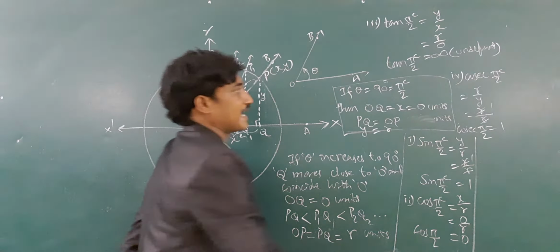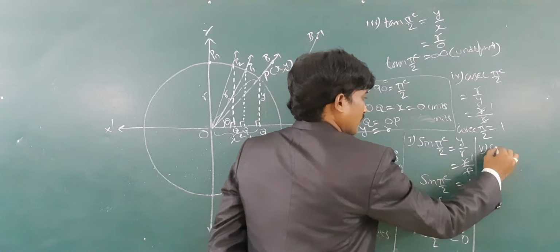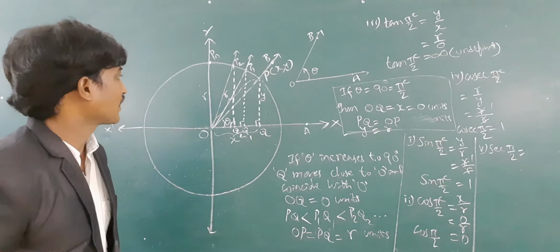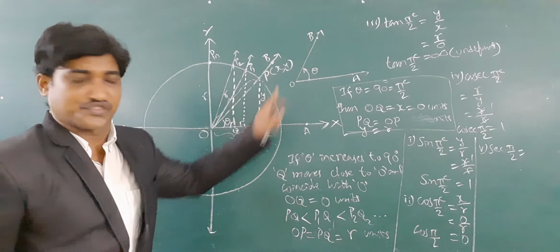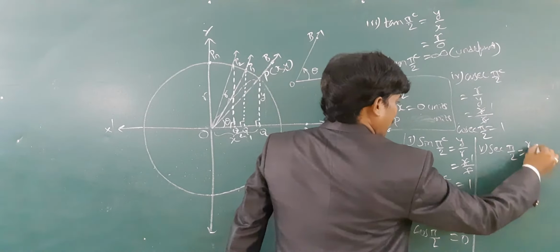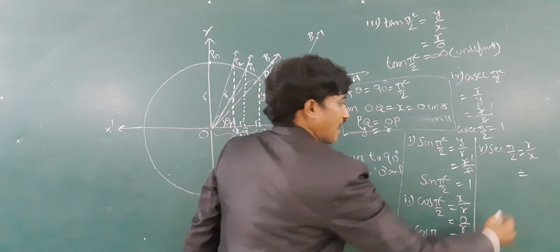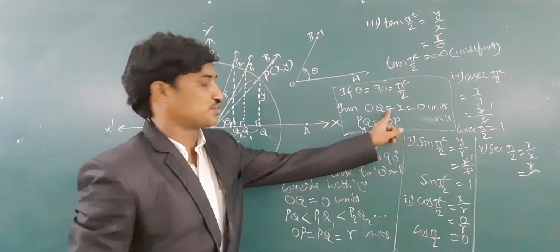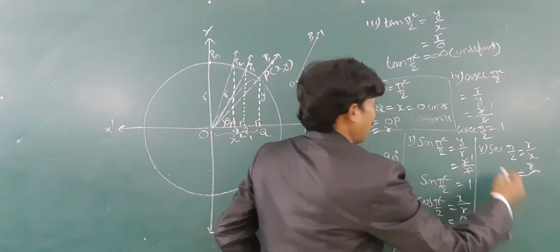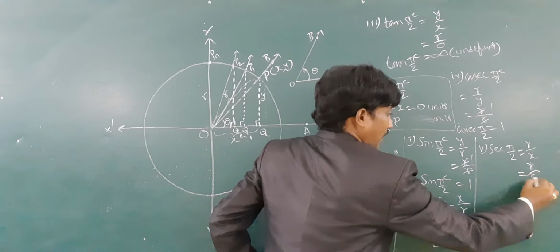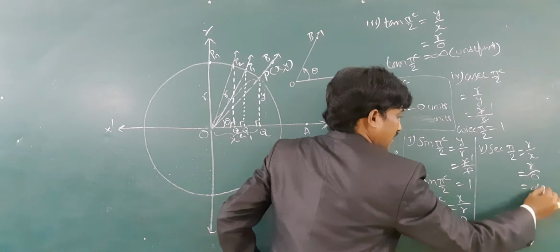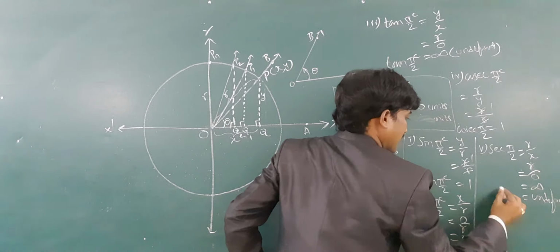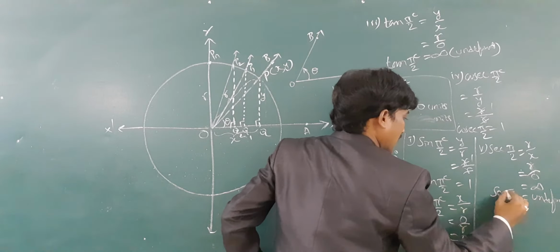Next, secant pi by 2 radian is r by x according to the definition. Here x equals 0, so when theta is pi by 2, r by 0 is infinite, undefined. Secant pi by 2 radian is undefined.